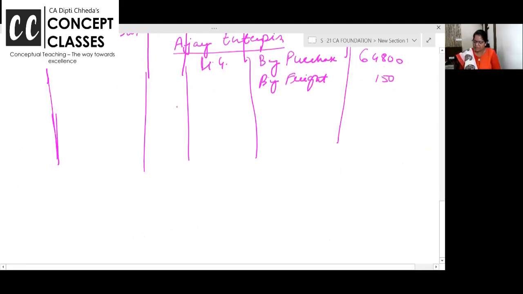Ajay Enterprise. Next is Balaji Traders. Balaji Traders, we will credit on the very same day. The day I purchase the goods from Balaji Traders, I will credit it. 15th of April. By purchases.